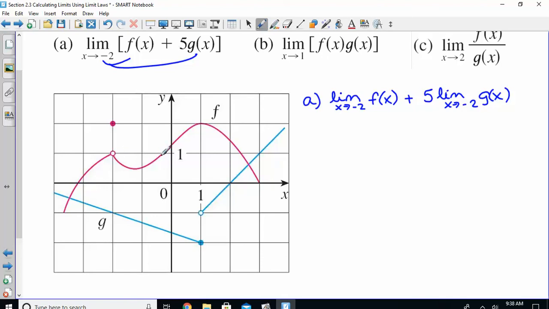It's as you're coming in from the left and the right, what y value are we approaching? So that would be 1. As I approach -2 on g, that one is giving me -1. So we get 1 minus 5, or -4.